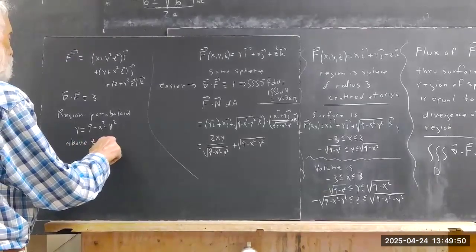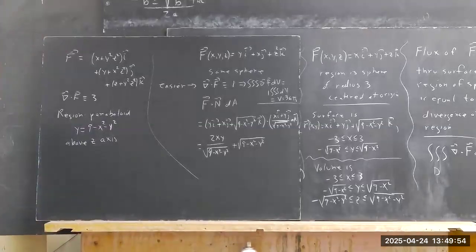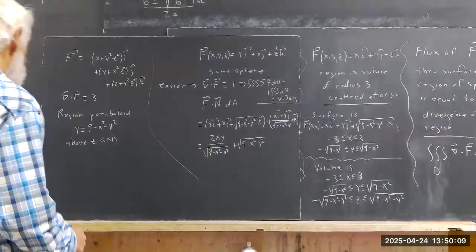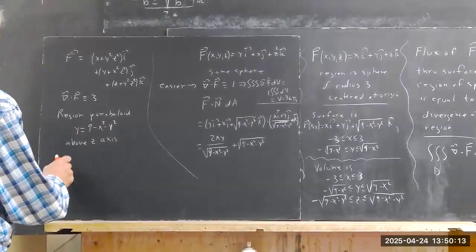This isn't exactly the same. The other one has an upward facing parabola below, I think z equals 4. Okay. And do the volume integral.